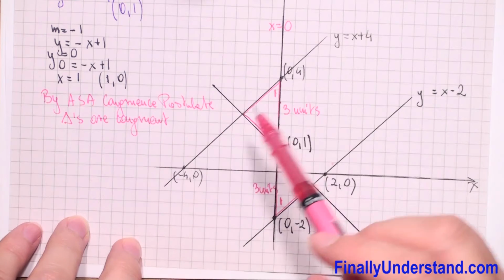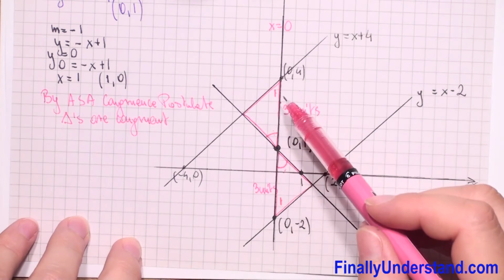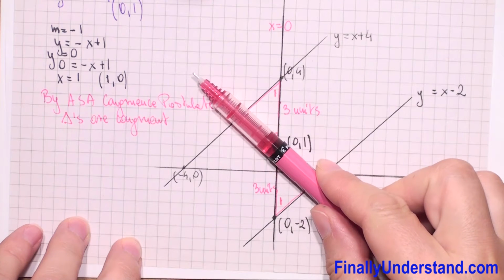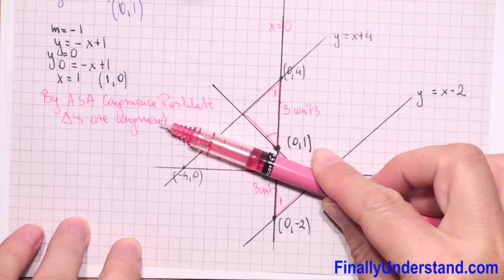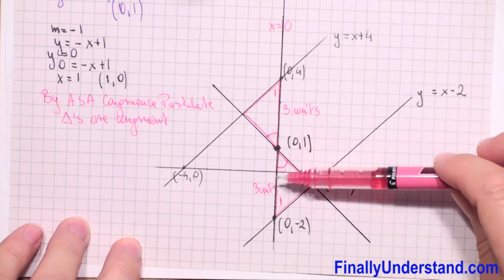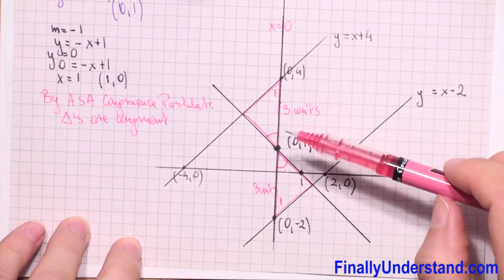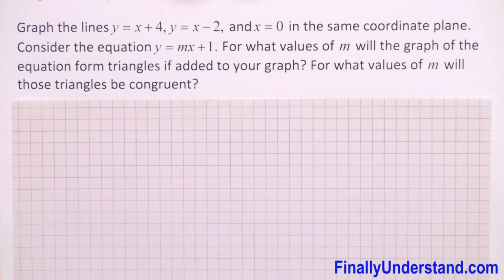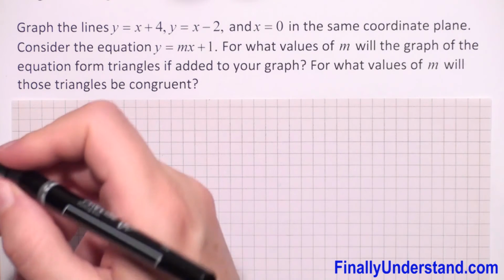So for m less than 0, it means for m negative, our line will form 2 triangles which are congruent too.